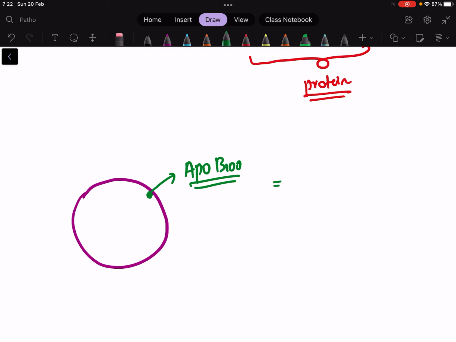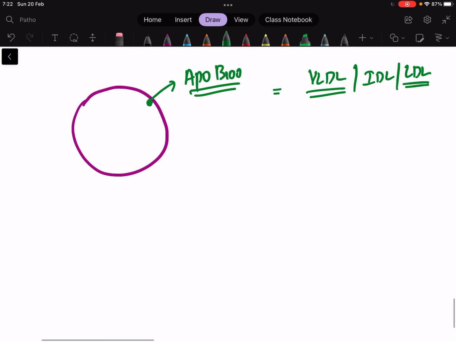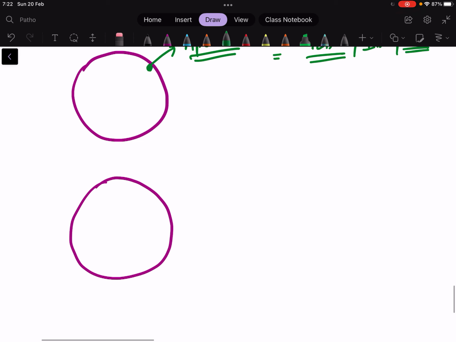Yes, those are your very low density lipoproteins, intermediate density lipoproteins, or low density lipoproteins. So I am going to give another one. Here is a lipoprotein, and this lipoprotein is going to have a stamp, and this stamp name is ApoB48. Can you name the lipoprotein? Yes, the lipoproteins are your chylomicrons.